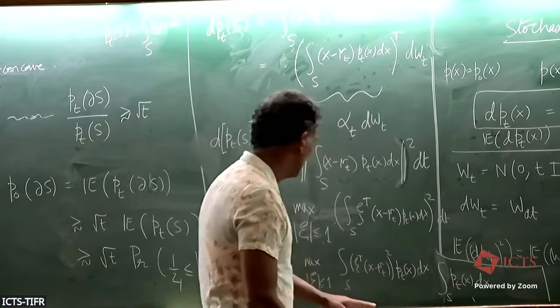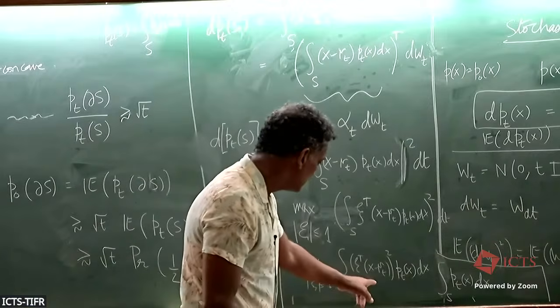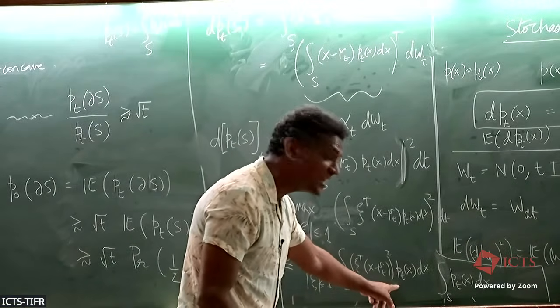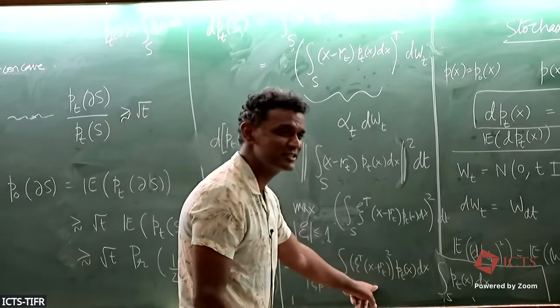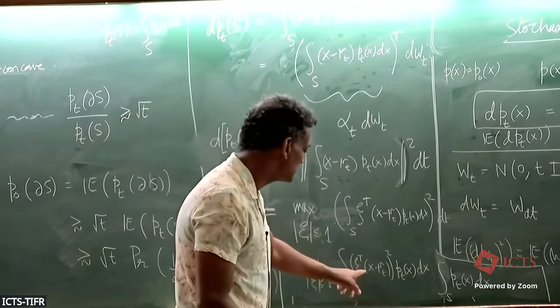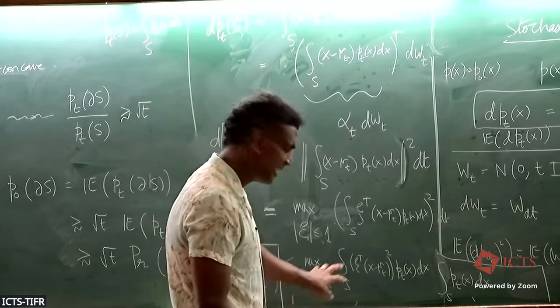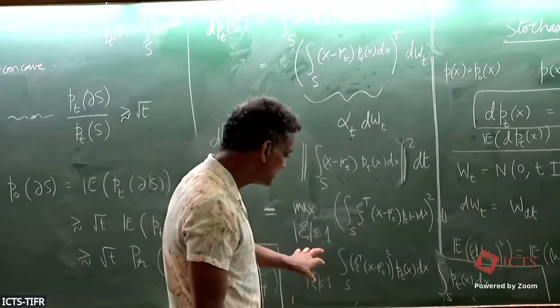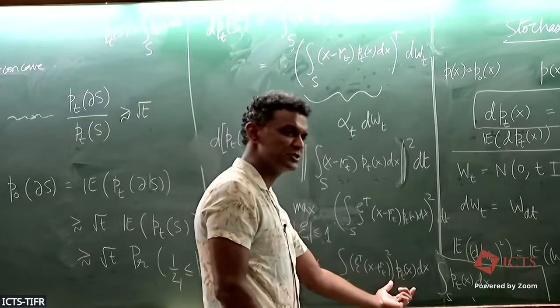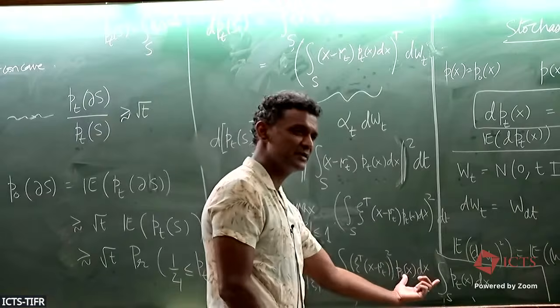And then this, if you look at it, is the largest eigenvalue of the covariance matrix of X. Because this is asking for the maximum, let me pull this out. Then it's ζ transpose (X minus μ_t) transpose p_t(x), that's the covariance matrix, times ζ.